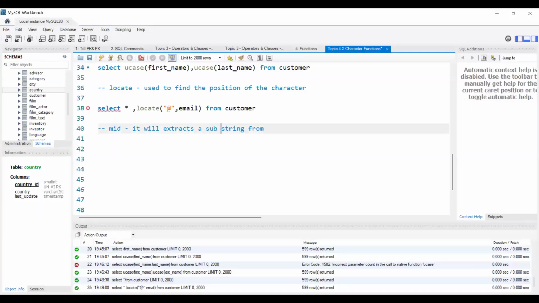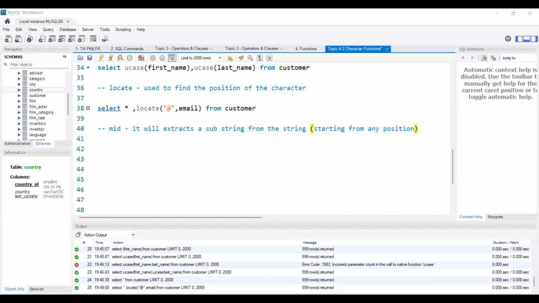That will be the correct meaning. Let's see the first example, then you can understand easily. Whenever we are using the mid function, we give three parameters inside it.